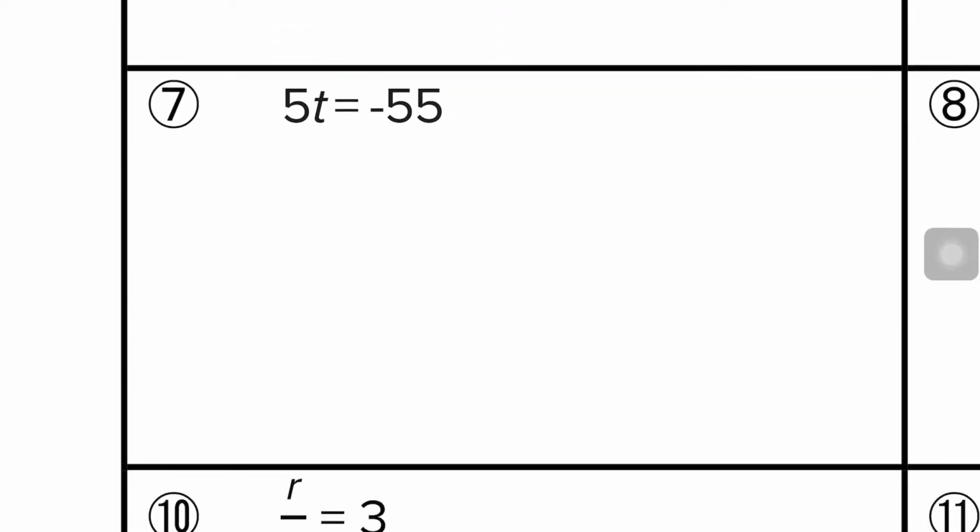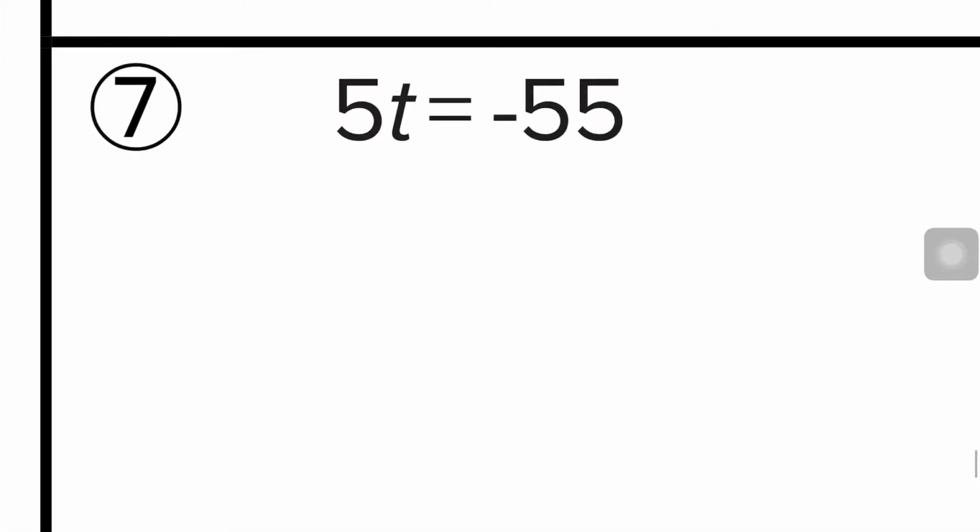Now let's go over number 7. Number 7 does have a constant, which is negative 55, but it has a coefficient of 5. And we want to make sure that our coefficient is always a 1. So I noticed that the 5 and the t are being multiplied, so the inverse operation is division.